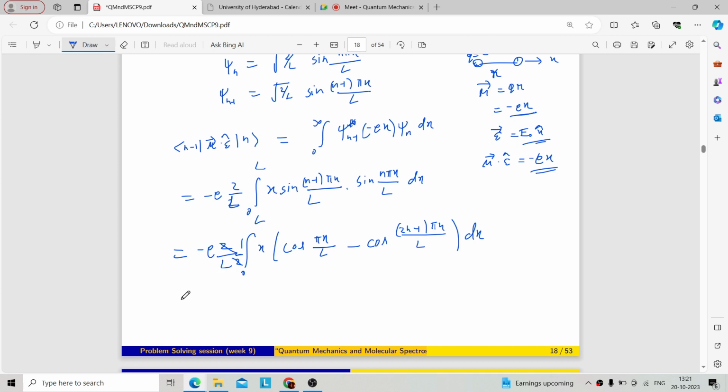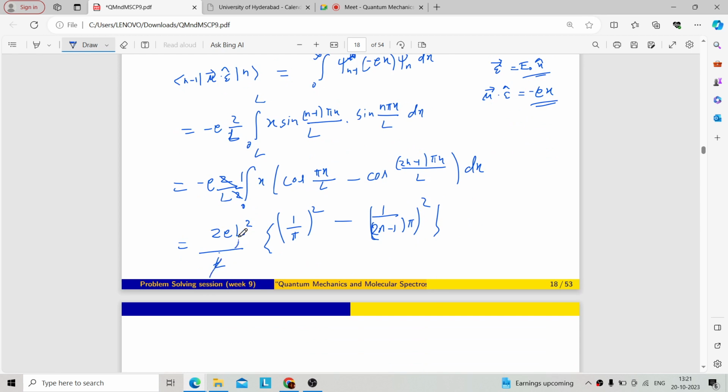Now if you solve this, I'm not going to do all that detailed calculation. You will get something like 2eL square over pi square times some terms in n, and you see this will cancel.